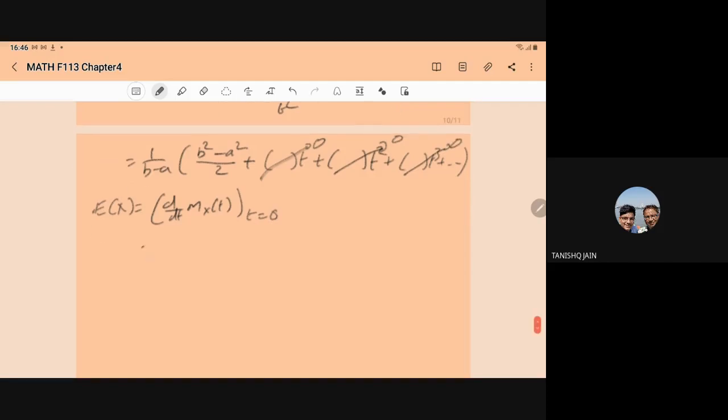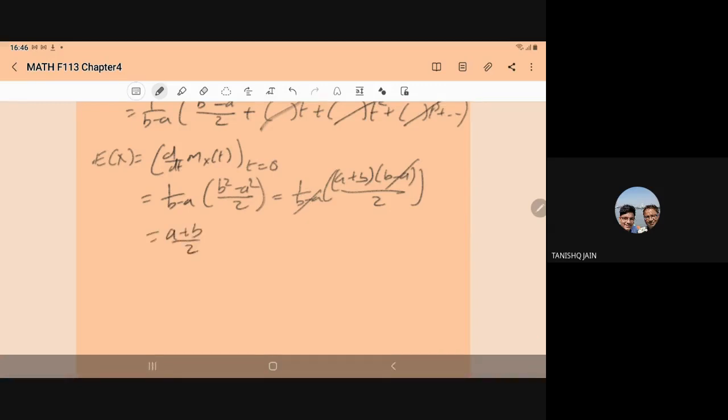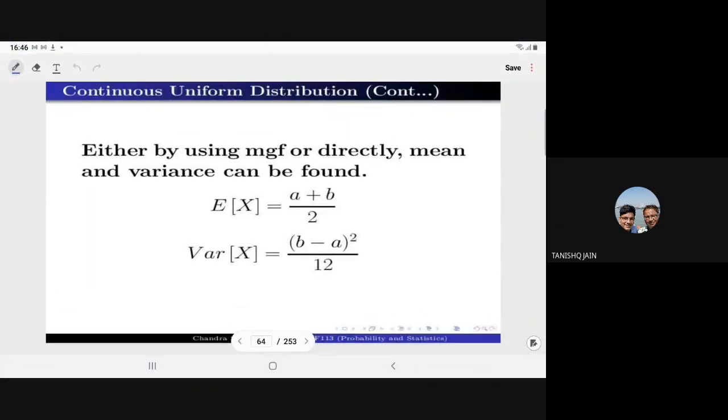So only we have 1 upon b minus a, b square minus a square by 2. So that can be written as 1 upon b minus a, a plus b, and b minus a upon 2. So b minus a and b minus a cancel out. So here we have a plus b by 2. So Ex is equal to a plus b by 2.